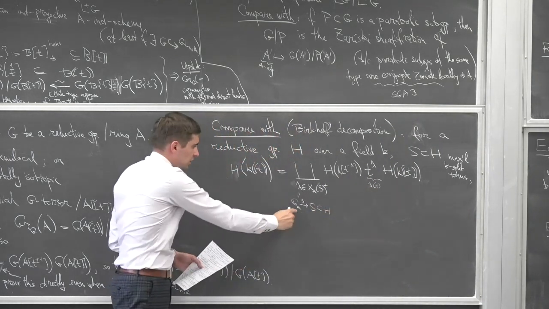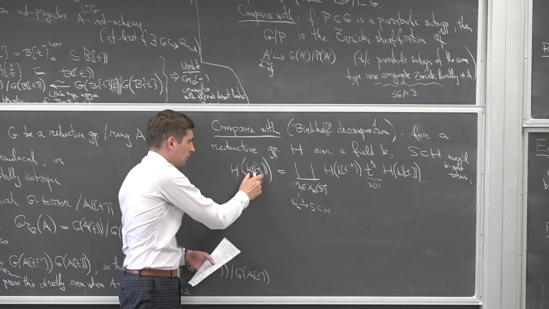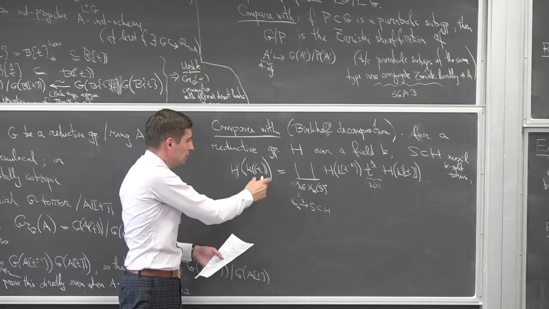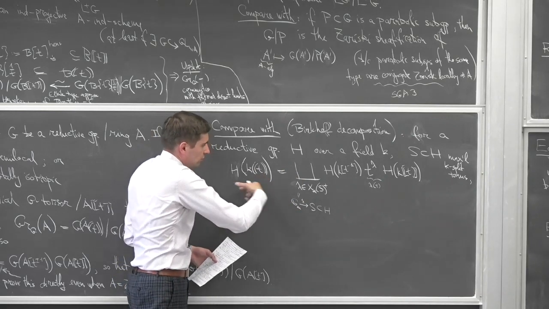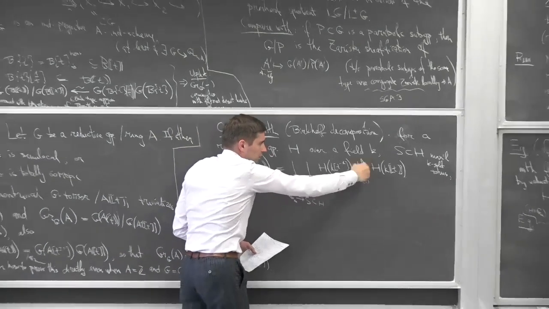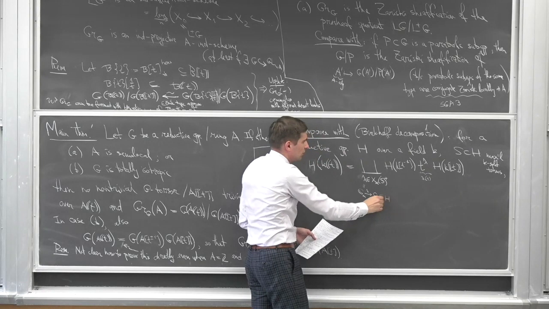T is a unit in Gm, over K double round brackets T or over K T plus or minus 1. And so then it makes sense to look at the corresponding section of S, and that is this section of H.